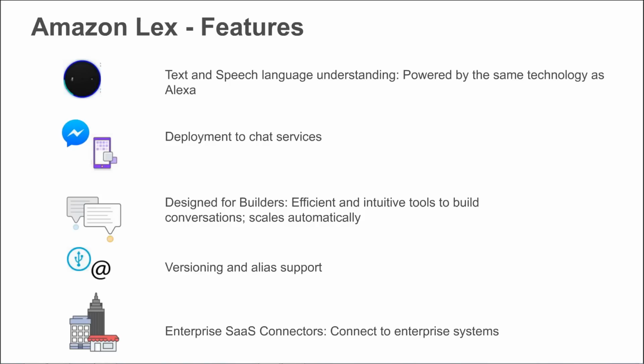That's why we have versioning, so that every person knows the version of the intents or slots they're working with, and that never changes. We also have enterprise SaaS connectors. So we have tight integration with Lambda. So through Lambda, you're able to access enterprise SaaS connectors and connect to backend systems. And this way you can build bots that are able to answer enterprise questions.